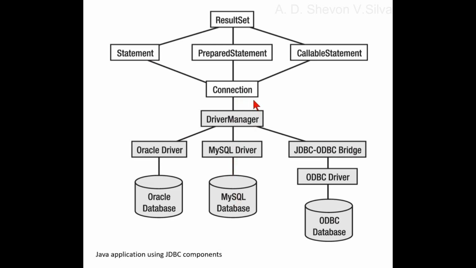Then using a connection object, you can create a Statement, PreparedStatement or CallableStatement, which can execute SQL queries and stored procedures and return results as a ResultSet object. A ResultSet is a table of data representing a database result set, which is usually generated by executing a statement that queries the database.